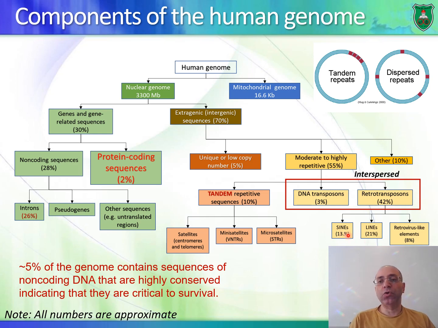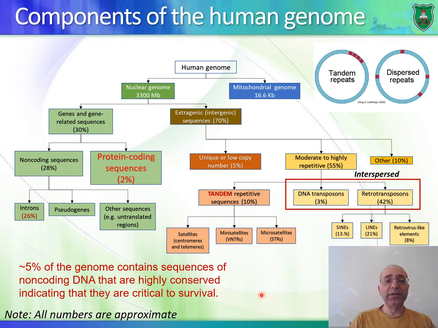S stands for short, L stands for long. We'll talk about them at the end of this lecture. And we have retrovirus-like elements. They look like retrovirus genetic material, but not exactly, okay? And that constitutes about 8%, okay? So this is how our genome looks.